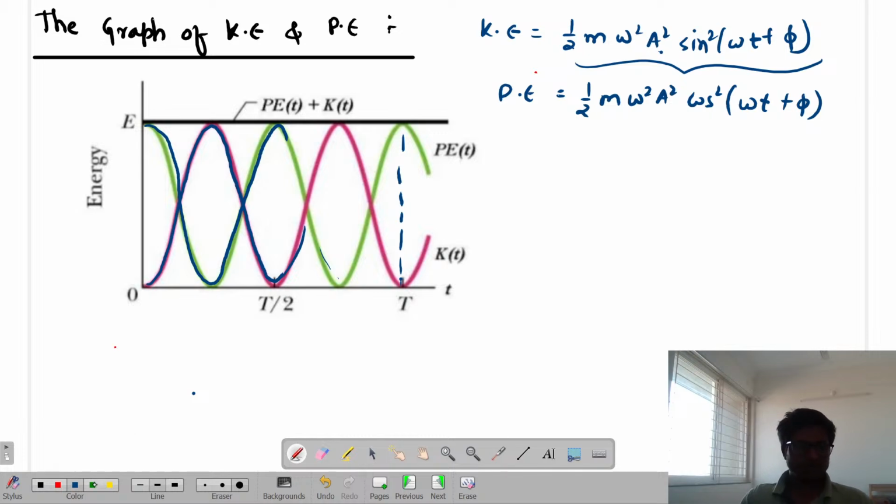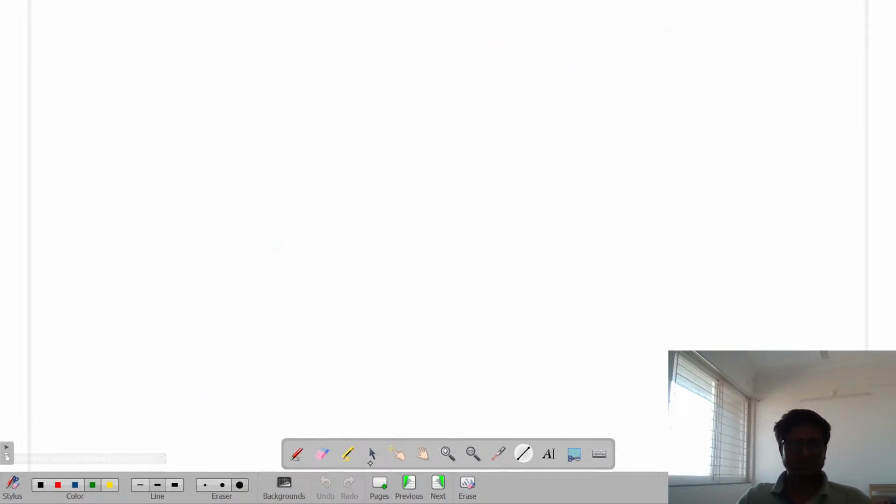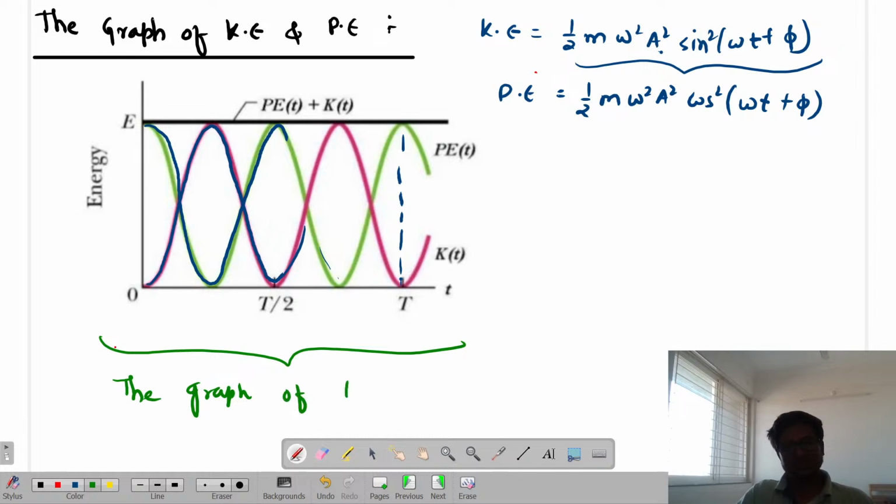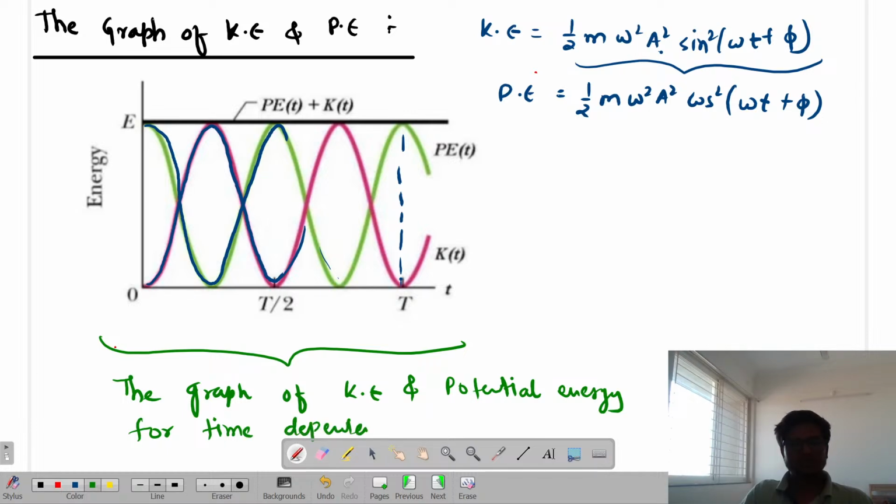Now, if I want to draw, let's suppose if I just want to talk about this, अच्छा, और ध्यान से देखो, तो this is my graph, the graph of kinetic energy and potential energy for time dependent case. ये किस केस के लिए है? Is that clear or not?